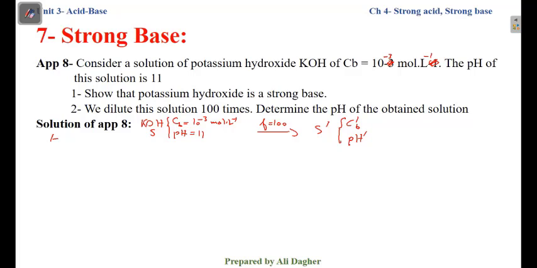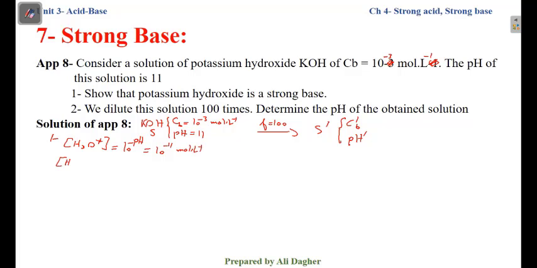First method: from pH, we calculate the concentration of H3O+, then we calculate the concentration of HO-. H3O+ equals 10^-pH equals 10^-11 mole per liter.